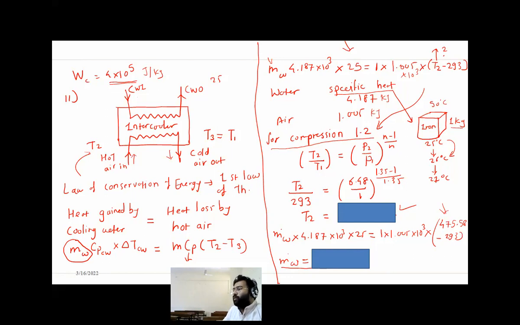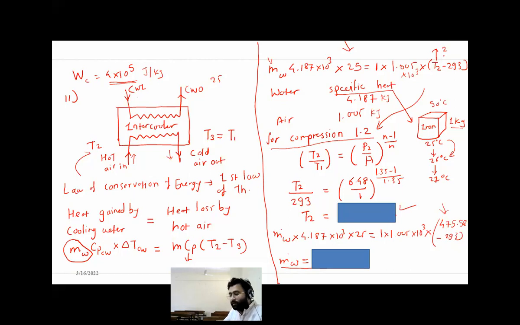How much did you get for T2? First bench, how much T2 did you get? 475.